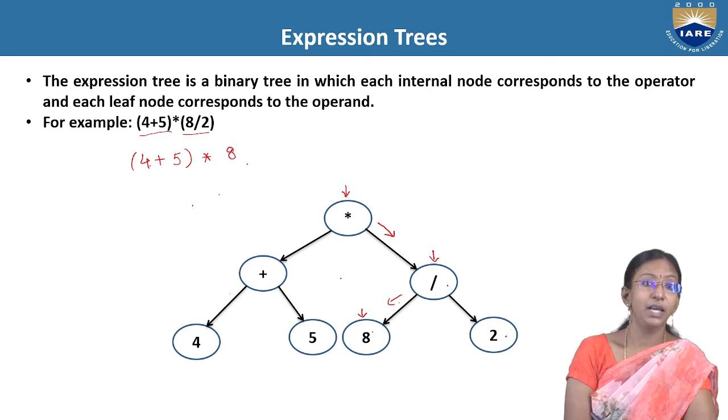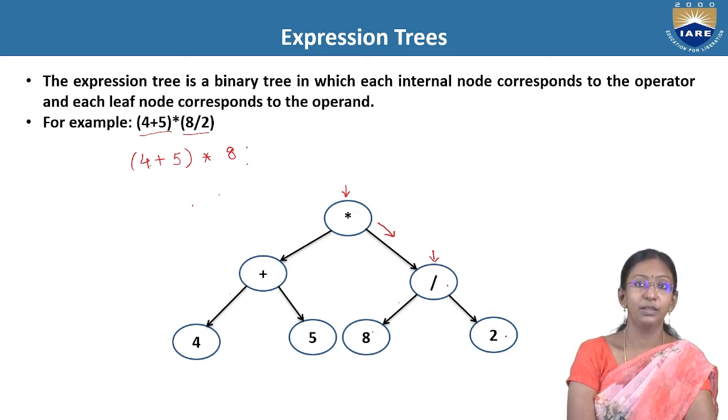As it does not even have any right child, parsing of the left subtree of division is done. Once it is done, I'm going to go with the root, which is slash, right? Once the slash is done, I'm going in the direction of the right side of my slash, towards 2. I'm going to encounter an operand 2.